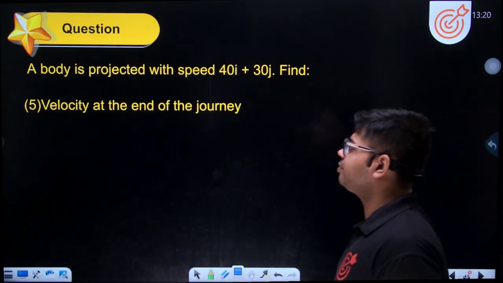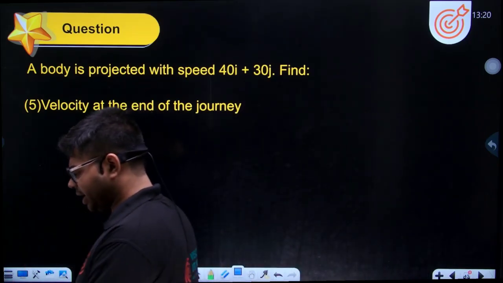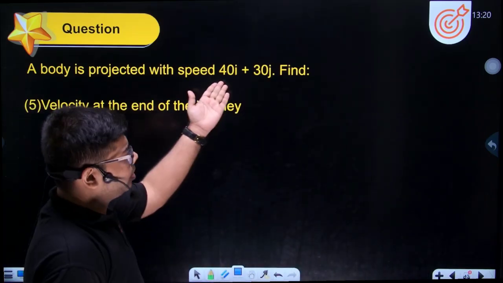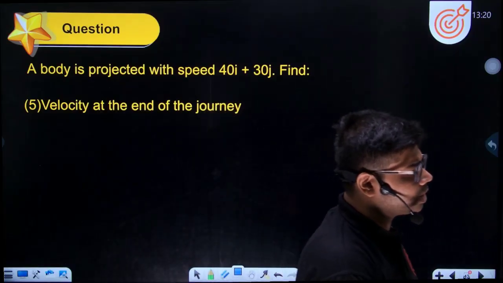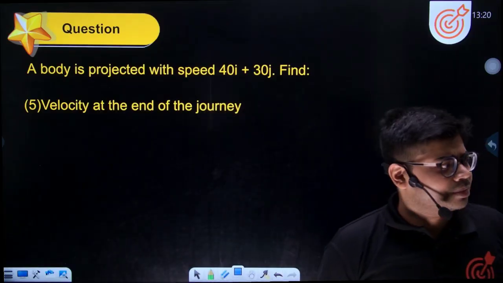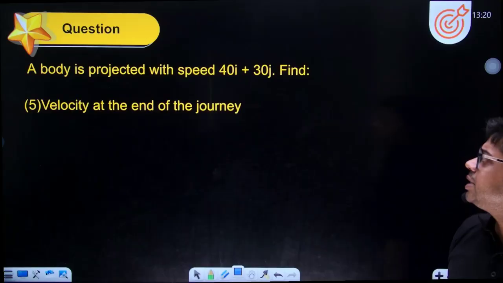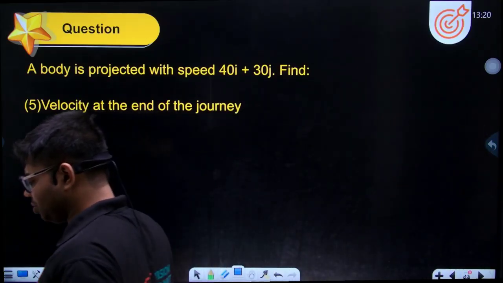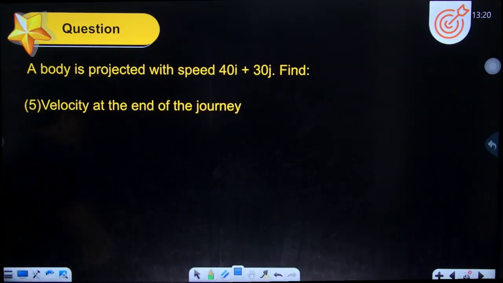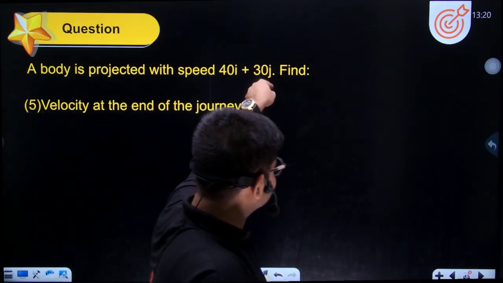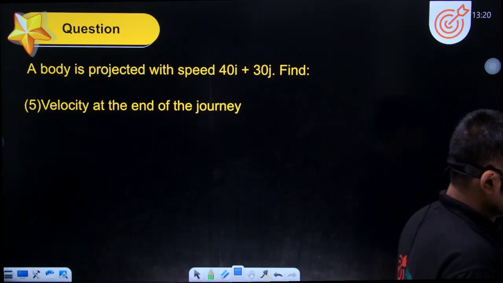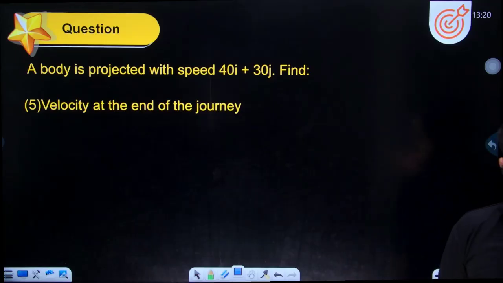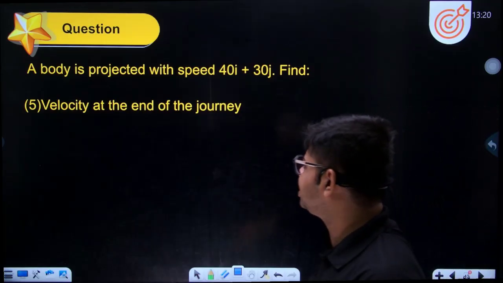Velocity at the end of the journey. Always remember, at the end of the journey, if the starting velocity was 40i plus 30j, the same velocity magnitude-wise remains, but the value of this y axis velocity, Vy, is just going to be opposite, means the direction is going to be changed.